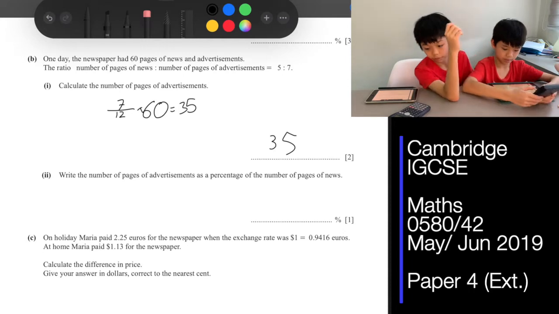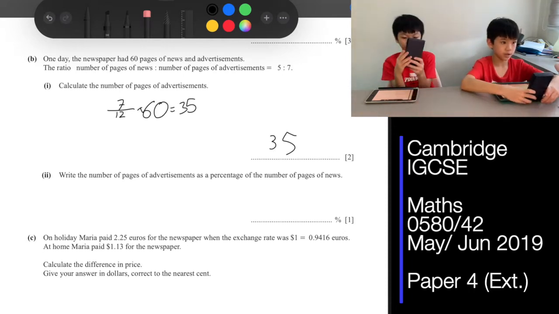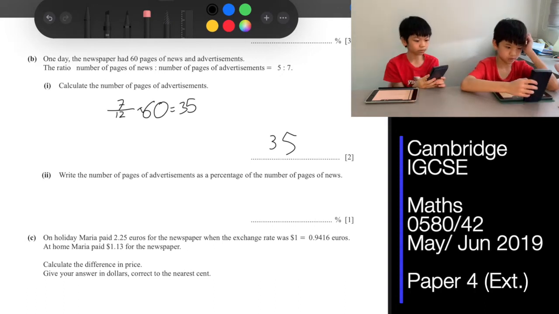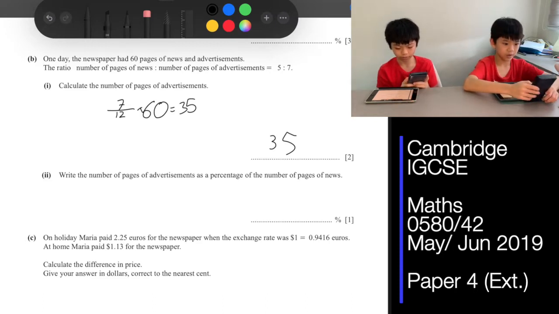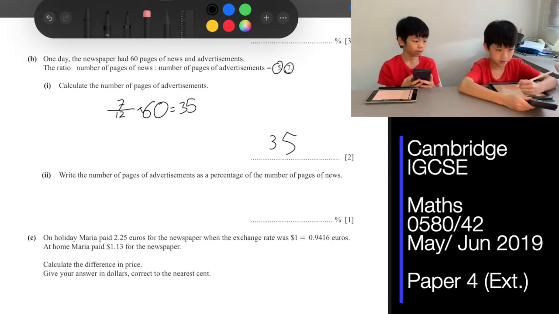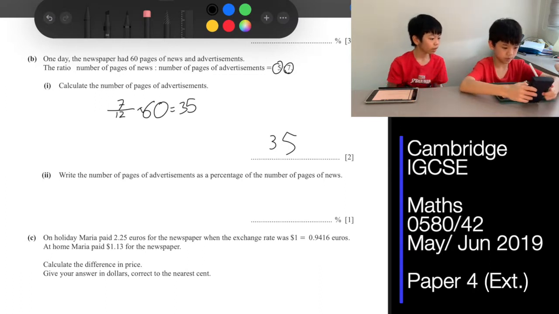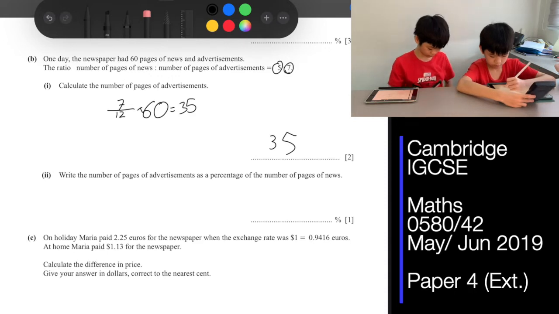So we know the amount of pages of advertisement, 35 over 60. Oh, it is this over this, which would be 7 over 5, 1.4 times 100, 140.